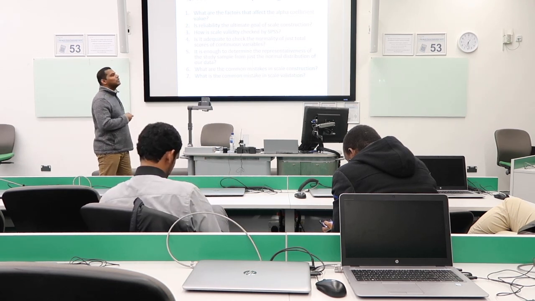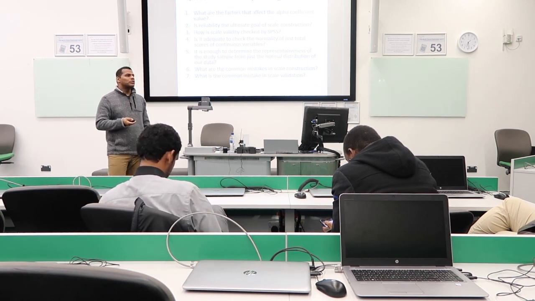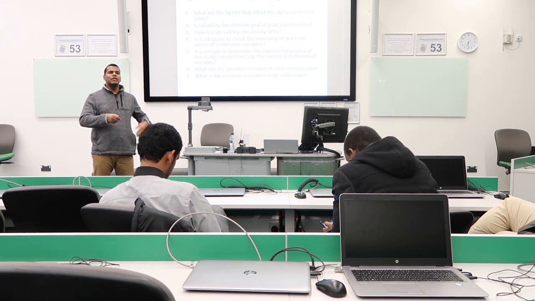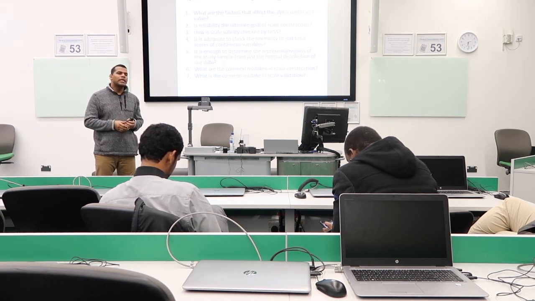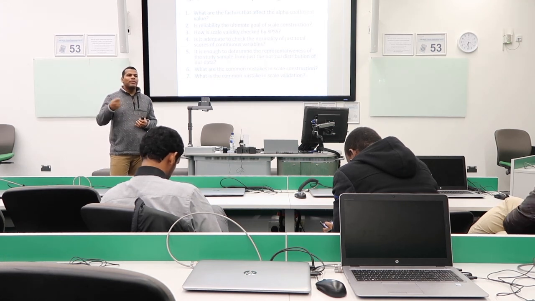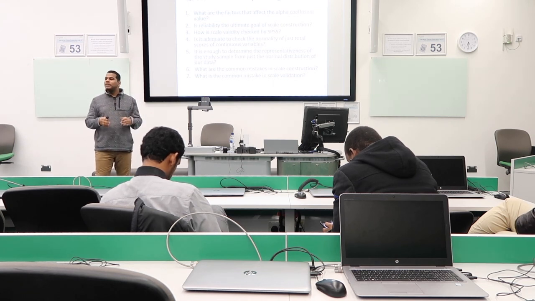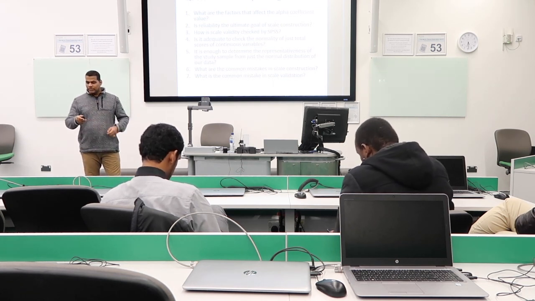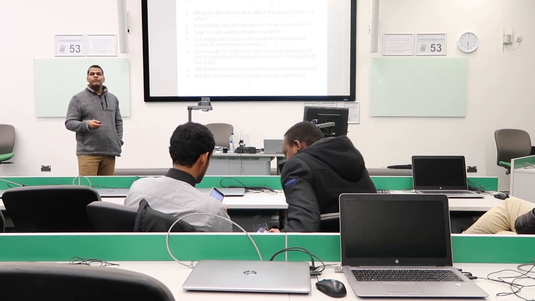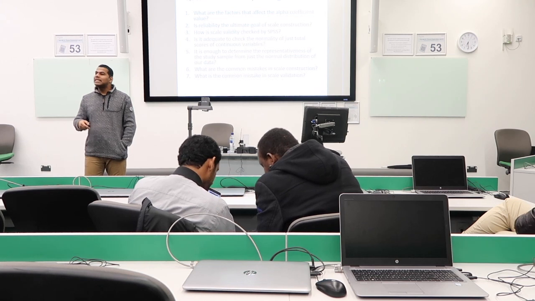It's not enough just to check reliability of a scale. Reliability on its own is not a goal. The goal from scale construction is to reach validity, to achieve validity within your scale. There are a lot of factors affecting the reliability. One of these, for example, is the number of items in the scale.